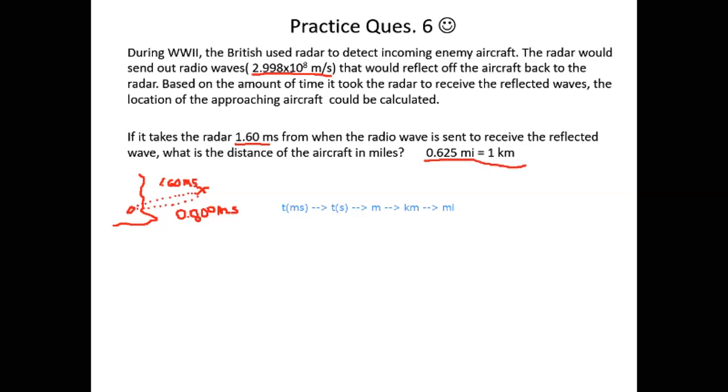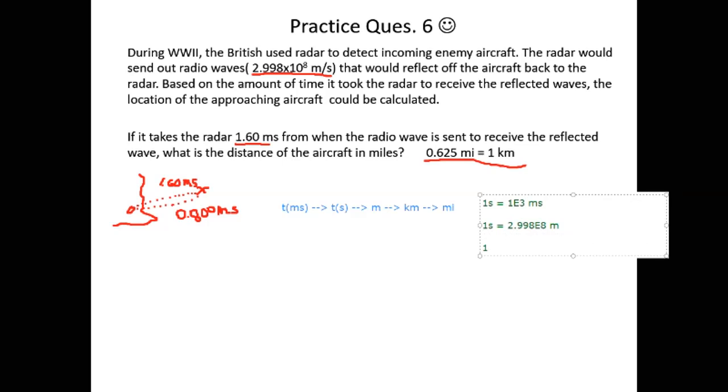So what do we know? We know, for example, that 1 second is 1 e to the 3rd milliseconds. We know that 1 second is 2.998 e to the 8th meters.